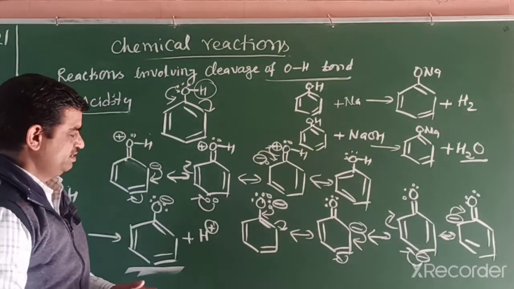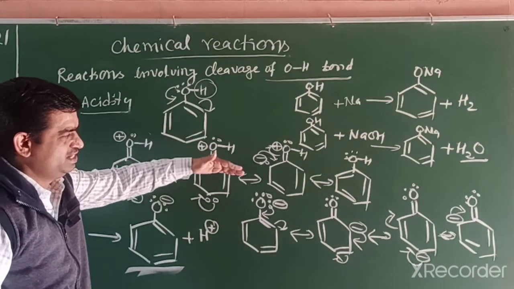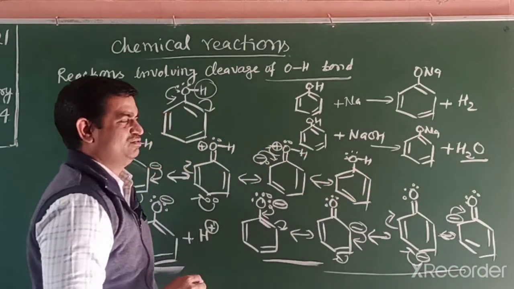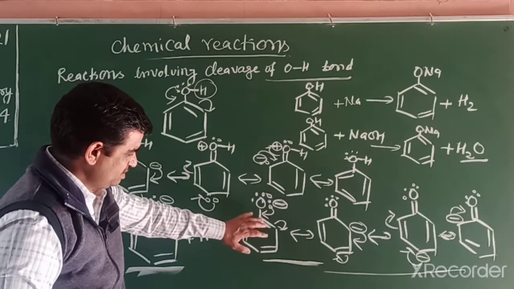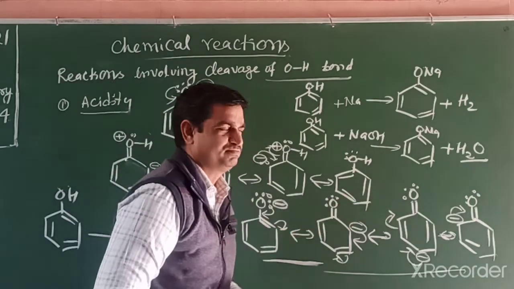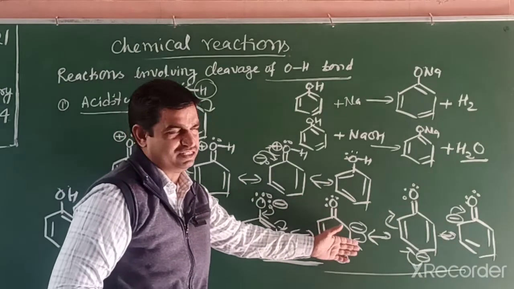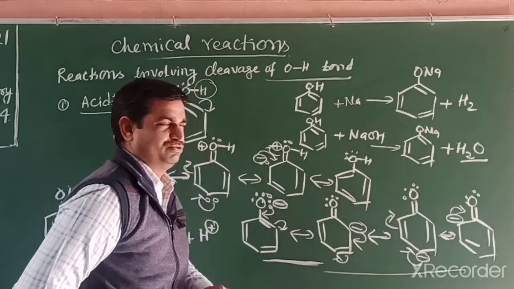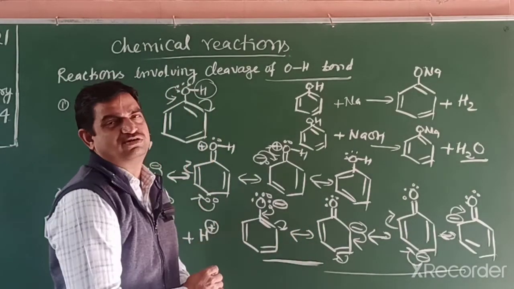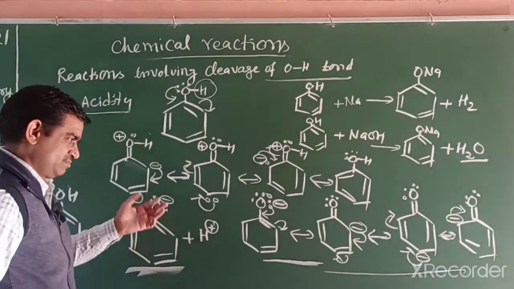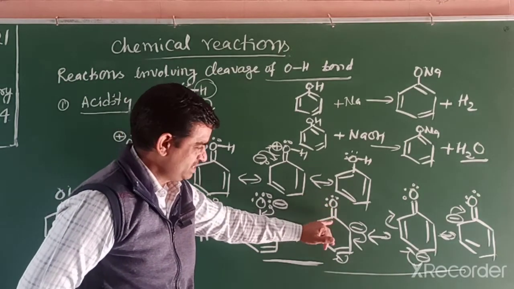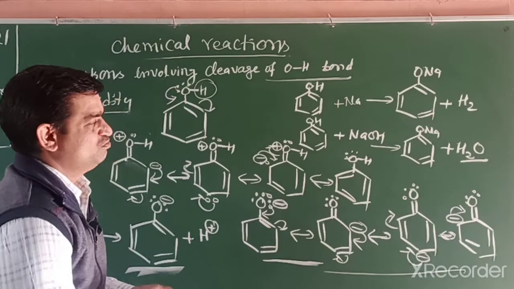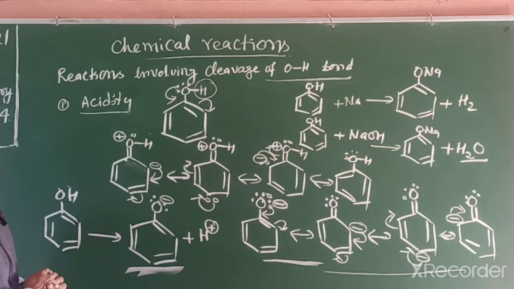Friends, if we observe the difference between phenol and phenoxide resonating structures, these are the phenoxide resonance structures. In these we observe there is no positive charge on the oxygen atom, only negative charge, at the highly electronegative oxygen, and negative charge on the carbon atom, but no positive charge on oxygen. So these are slightly more contributing structures. Although negative charge should be on the highly electronegative atom, in these resonating structures negative charge appears on carbon, but there is movement of the ions, delocalization of charge.